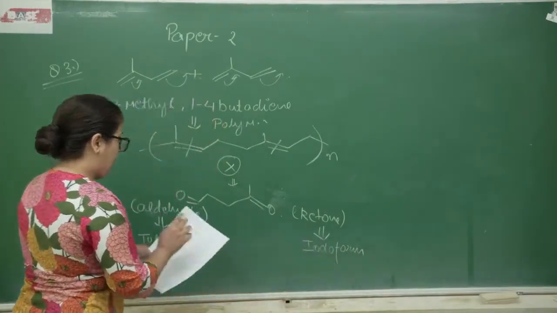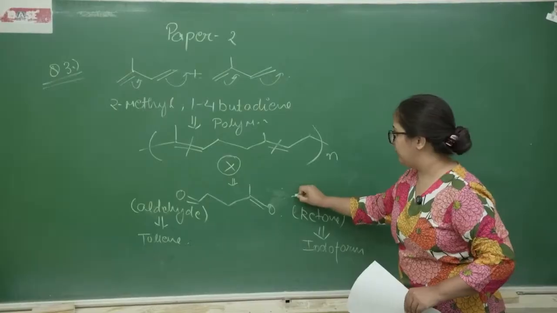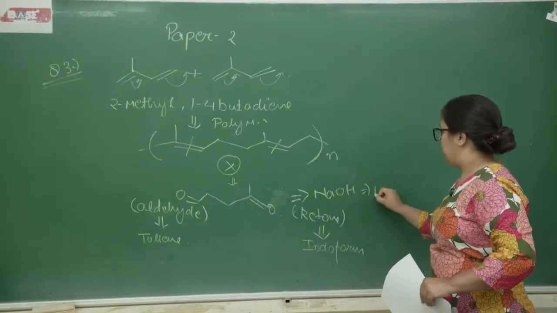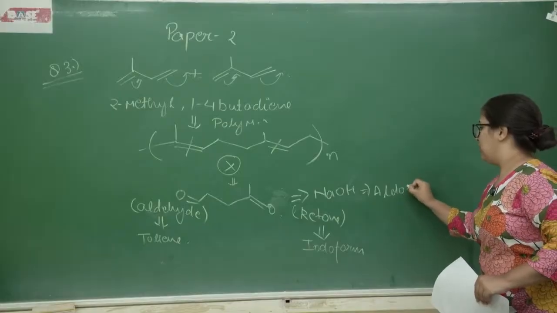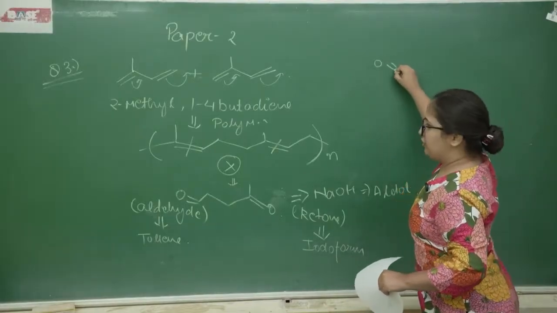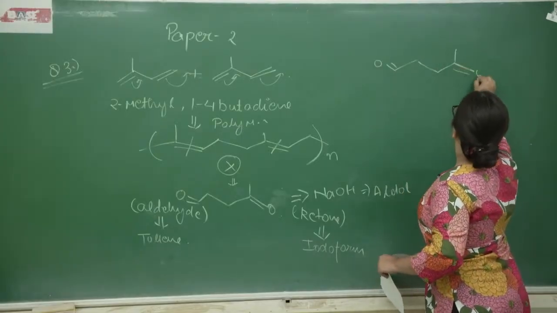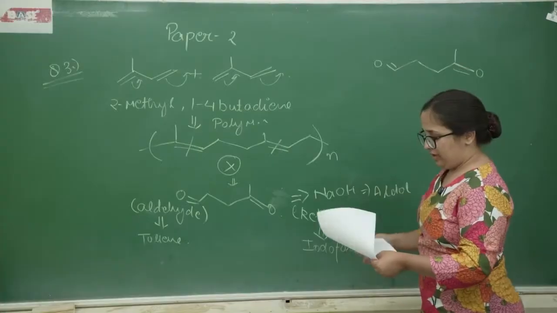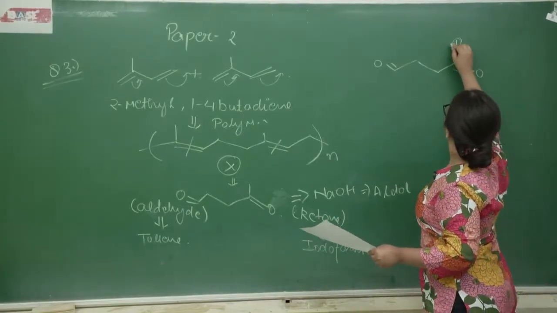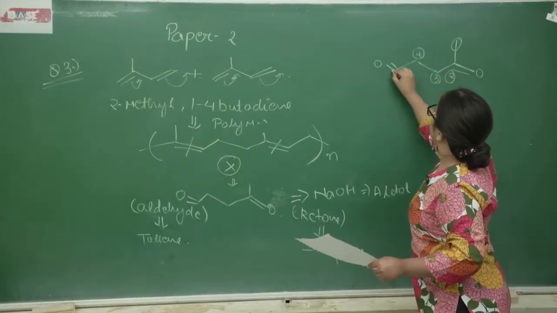Now, we are told that our X is undergoing reaction with NaOH. That means it is undergoing aldol reaction. Now, how do we perform aldol? We all know that in aldol reaction, the aldehyde part is more reactive compared to our ketone part.